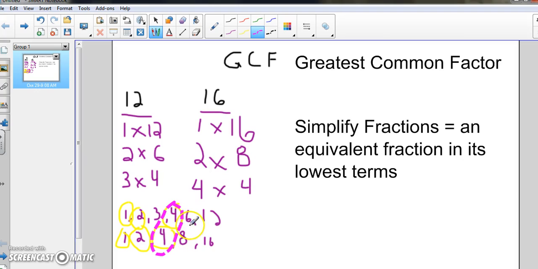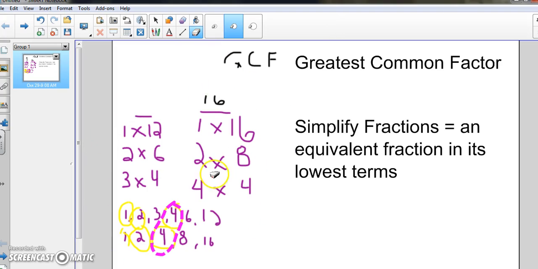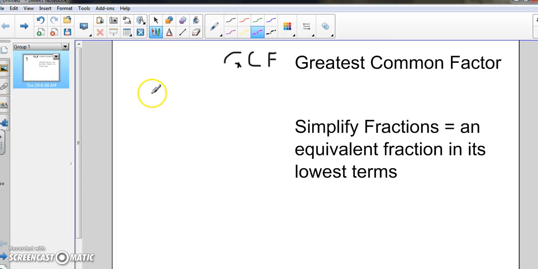So once I found my greatest common factor, I use that 4 to simplify my fraction. If I was going to write 12/16, I'm going to divide each by my greatest common factor, which is 4.